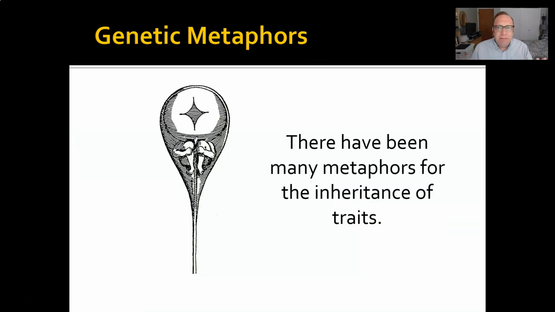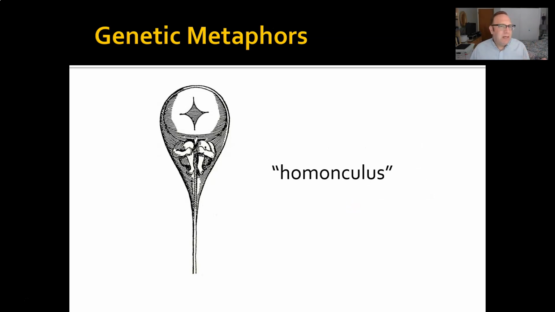So, there have always been metaphors for the inheritance of traits. This happens to be one from the Middle Ages right up into the 18th, maybe even for some people into the 19th century. Right at the beginning, after they discovered sperm through the microscope, they thought they could see these little humans inside the head of the sperm, and they thought that it was a homunculus.